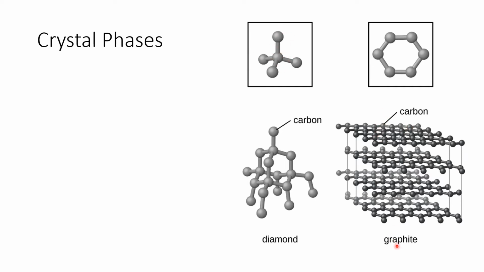So graphite's really low hardness technically is only in the direction of shearing these sheets off. If you are trying to break this structure, it's extremely difficult to break, even harder than breaking the diamond structure.